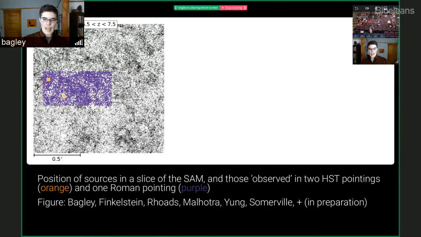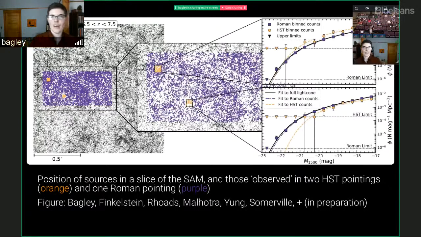And so what do we get when we measure what we see here? Zooming in, we can see that one of these HST pointings is in a region that's underdense, and one is in a region that's overdense. And we see those results come out when we look at the UV luminosity function on the right. The black line gives us the true value of the light cone, the full light cone, all 2 square degrees.